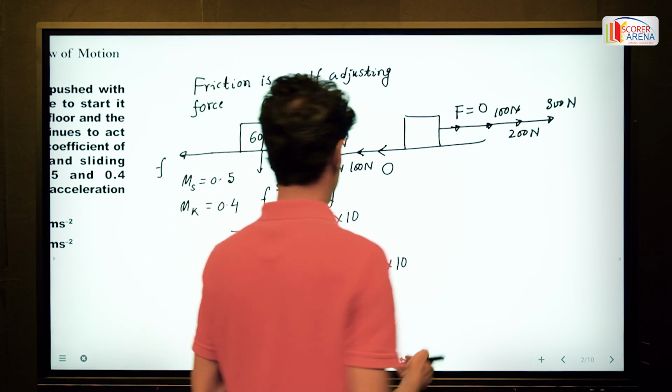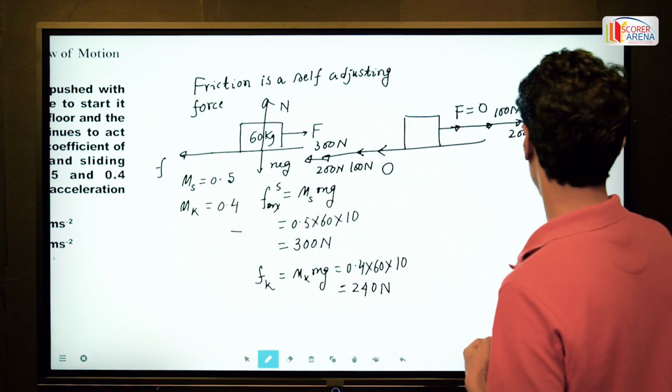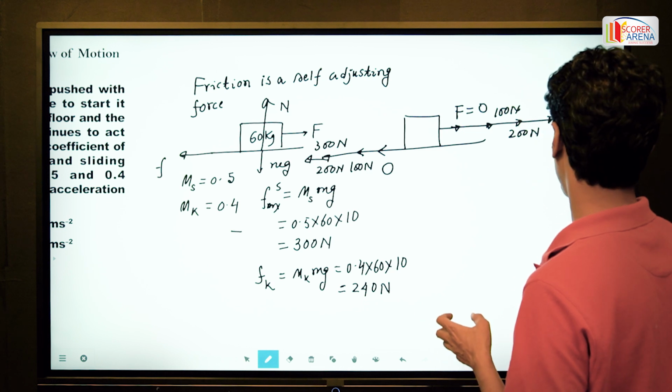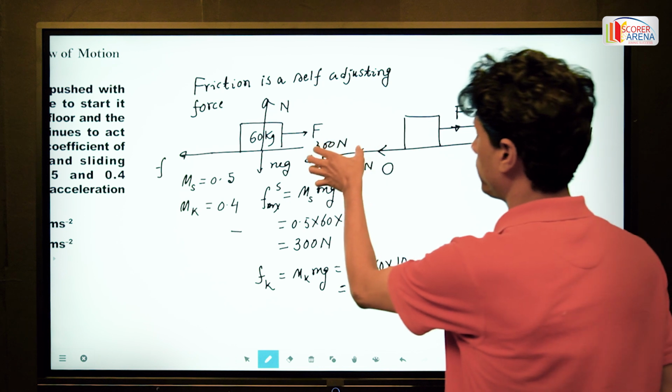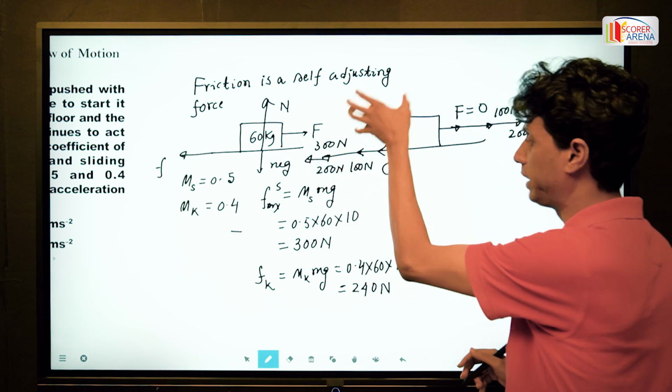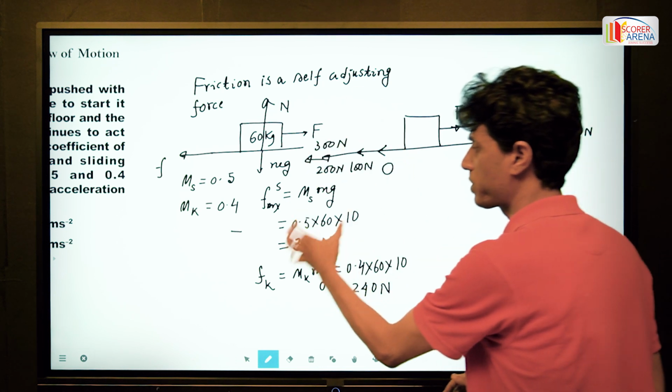In this way, when the force acting on the body is just 300 Newton, the friction becomes 300 Newton, and this friction is the maximum static friction.